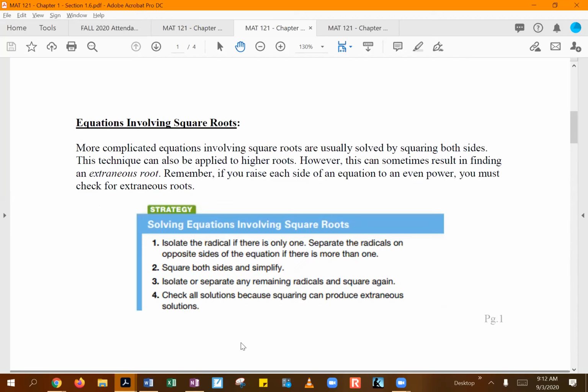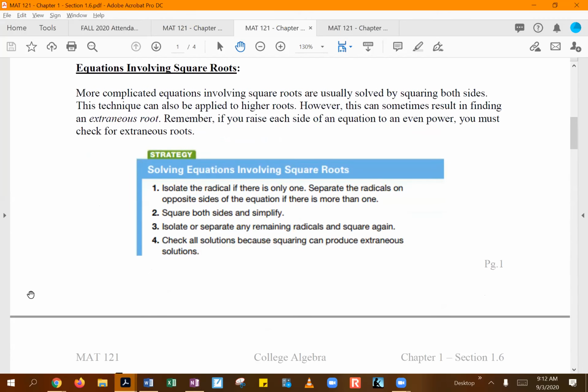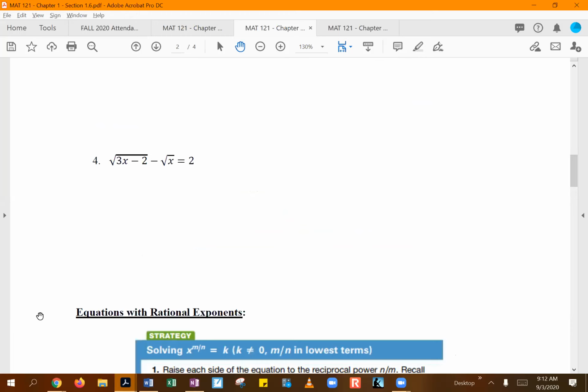So let's start out by talking about these equations with square roots in them. The idea here is you want to try and isolate your square root, your radical, get it to one side of your equation and move everything else to the other side. So isolate the radical. If you have more than one radical, then you want to bring it to opposite sides of your equation. That would be something like number 4.